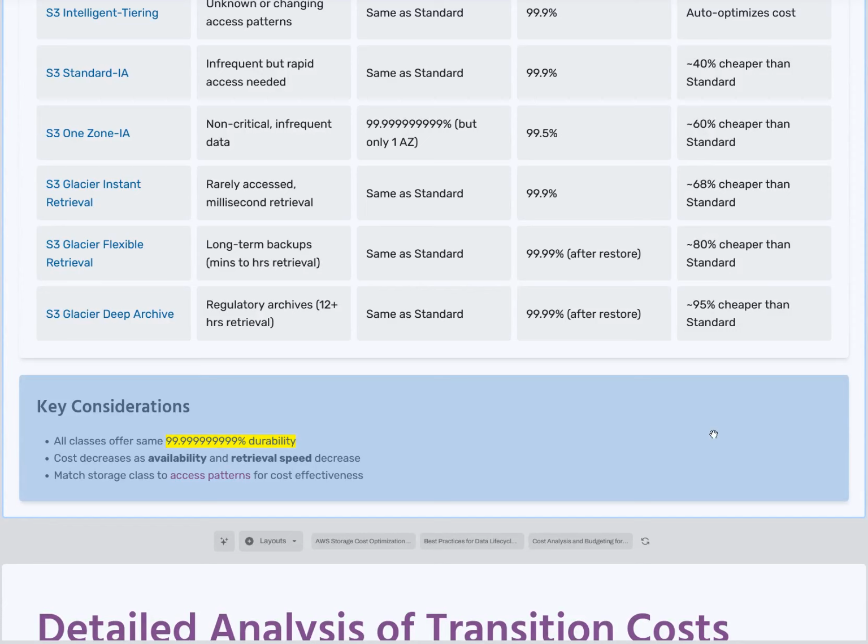Cost decreases as availability and retrieval speed decrease. So we can remove the durability factor because they're all 11 nines durable. It all depends on availability.